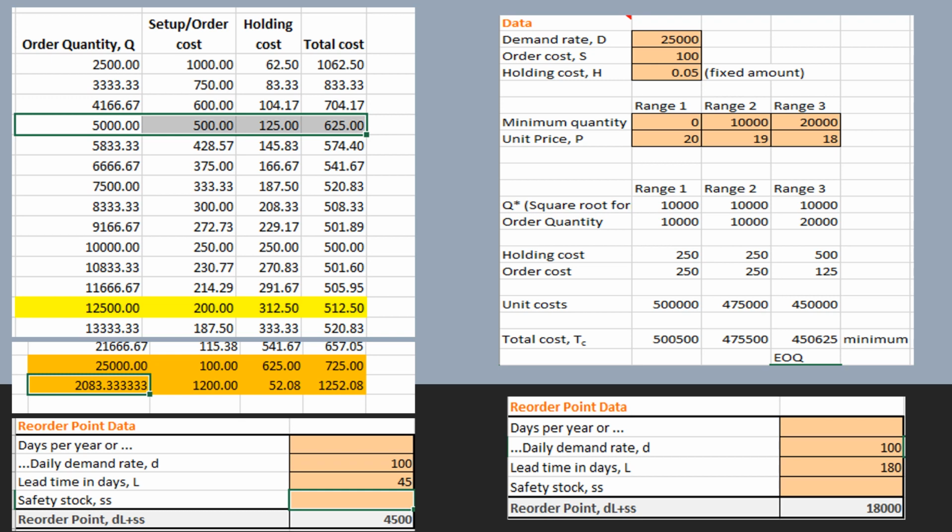For the reorder point, we have our lead time of 45 days. Our reorder point is at 4,500 units. And if our lead time is 180 days, then the reorder point is 18,000. Please disregard the discussions in the textbook because I did not find any author supporting the calculations of the author.